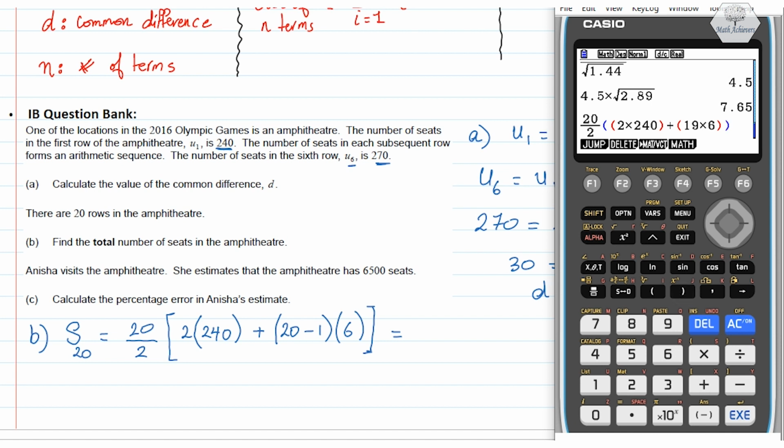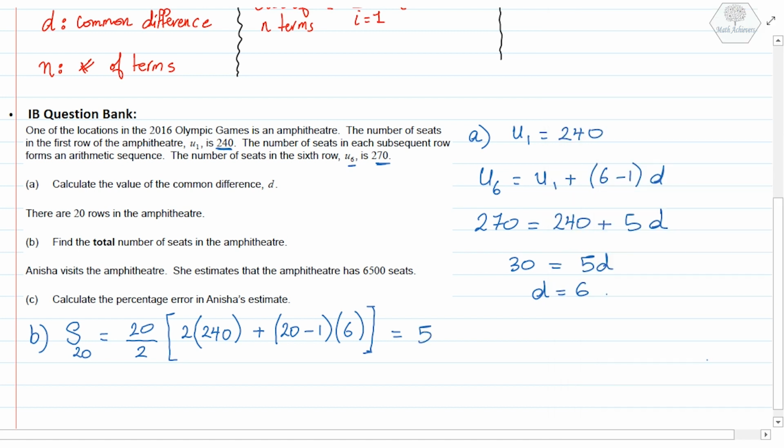And I close the bracket again, and this will be equal to 5,940 seats. So it's 5,940 seats.